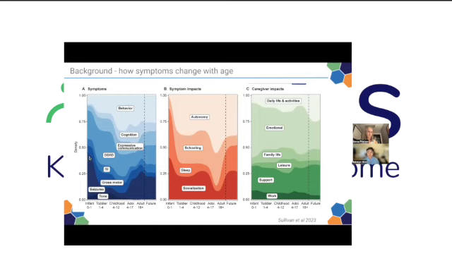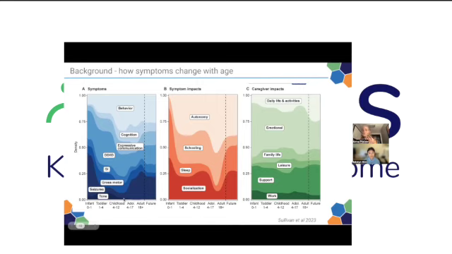So for example, seizures are more highly reported or mentioned in these interviews when people have small babies or infants. And then in childhood, you can see this line go down. Seizures are less mentioned in those caregiver interviews.